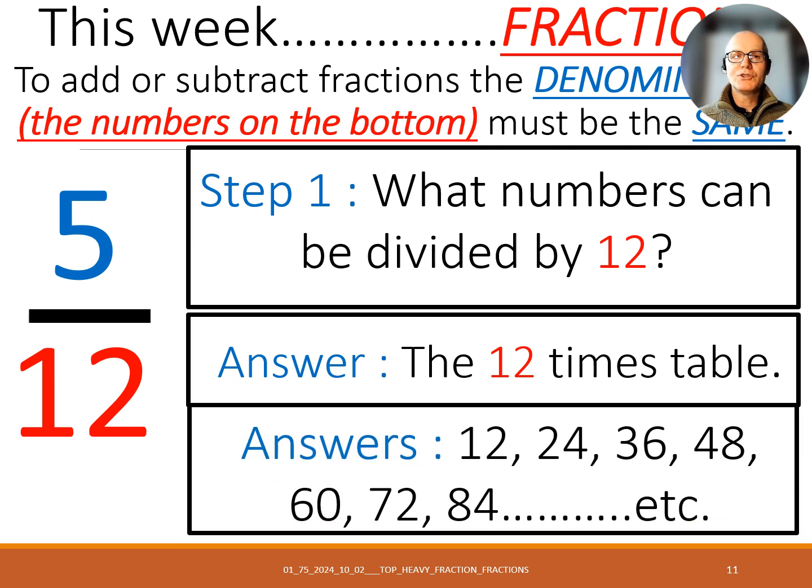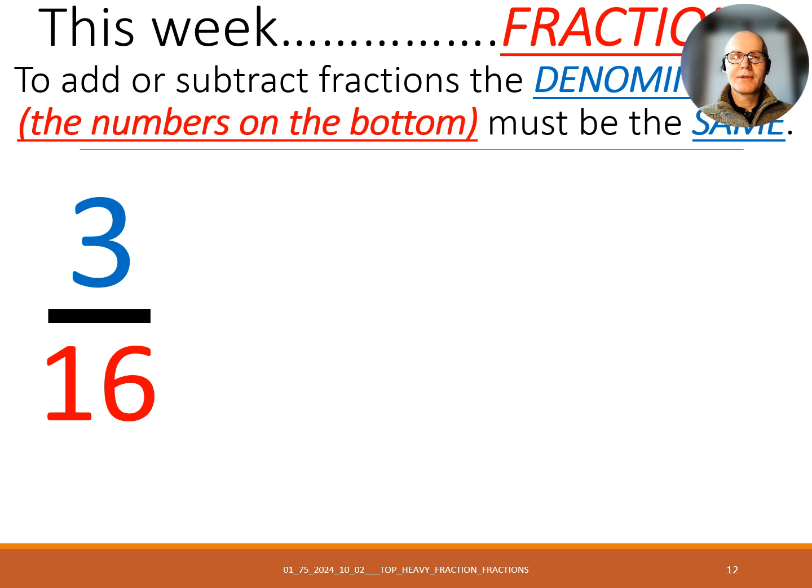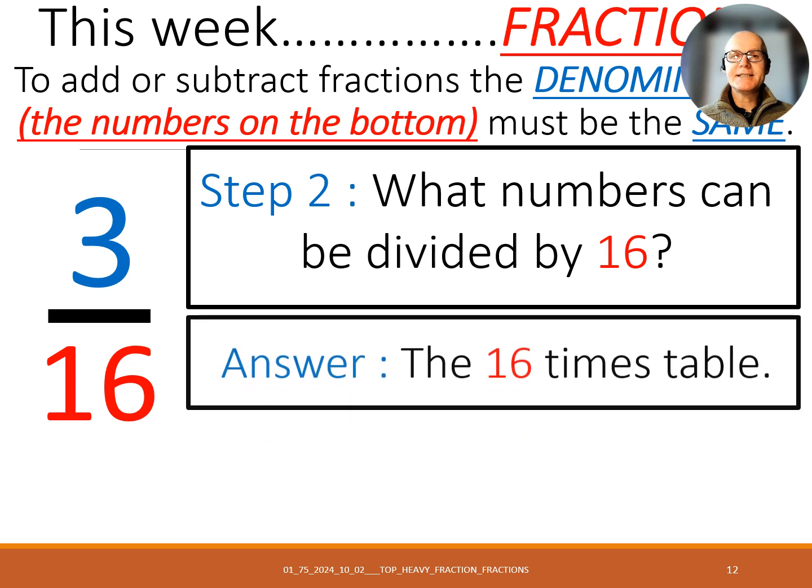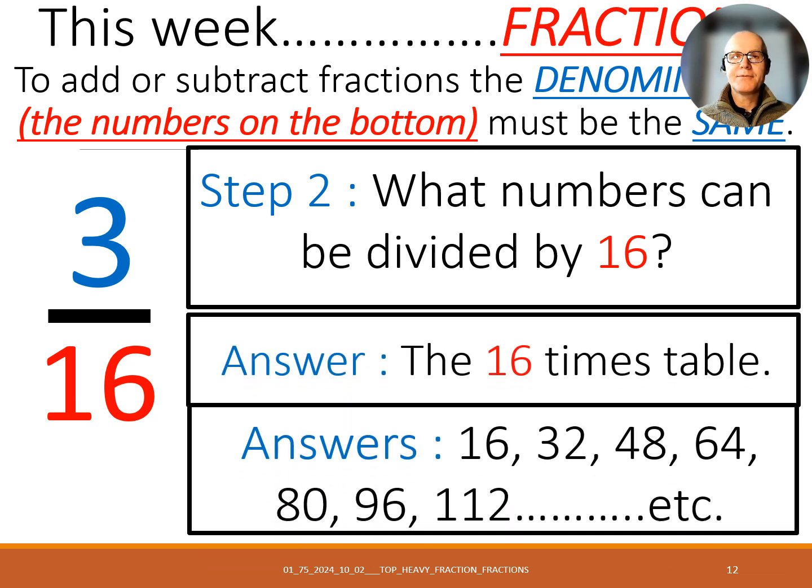For example, 12, 24, 36, 48, 60, 72, 84, etc. What numbers can be divided by 16? That's going to be the 16 times table. For example, 16, 32, 48, 64, 80, 96, 112, etc.